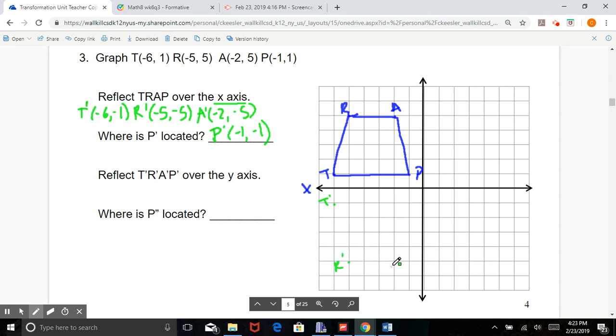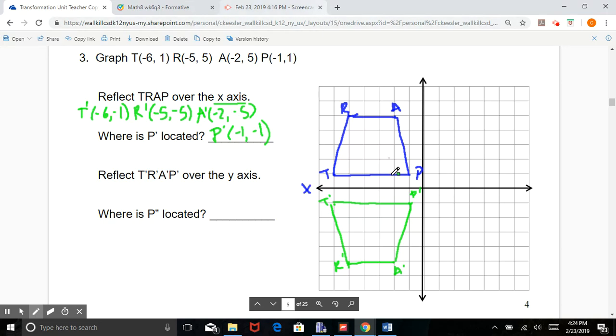A is -2, -5. A prime. And P is -1, -1. P prime. And neatly draw your lines to create your shape.